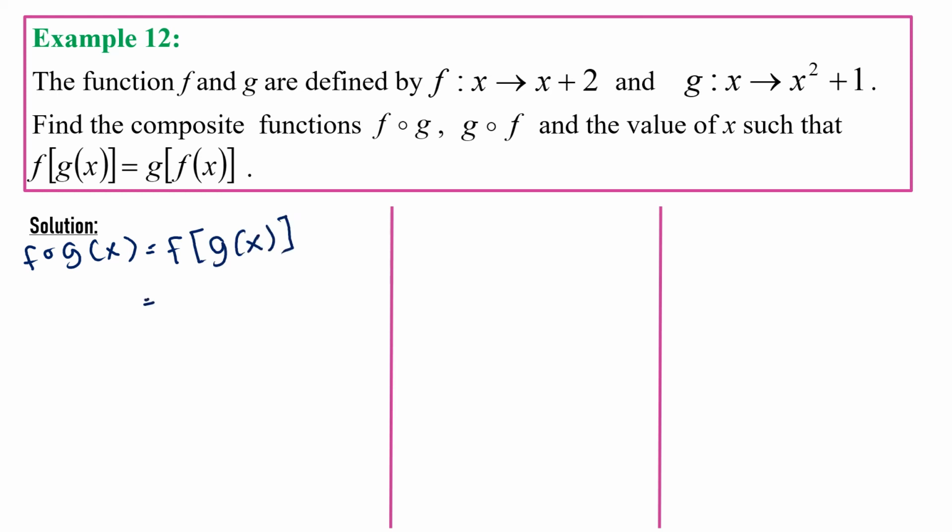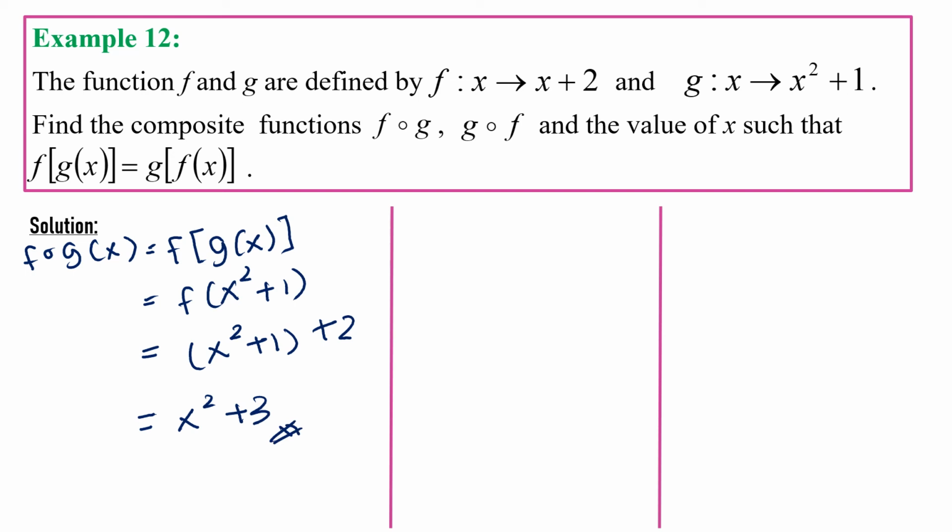So substitute the inside function first, which is x squared plus 1, and then substitute into the outside function, which is x plus 2, and then we have x squared plus 3. Okay, the next one, we need to find g of f of x.